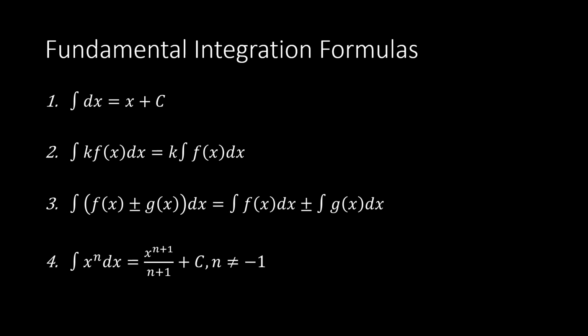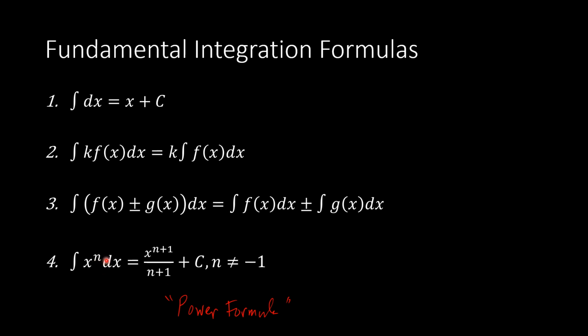The next one is called the power formula. It says that the integral of x raised to n dx is x raised to n plus 1 all over n plus 1 plus c, n not equal to negative 1.